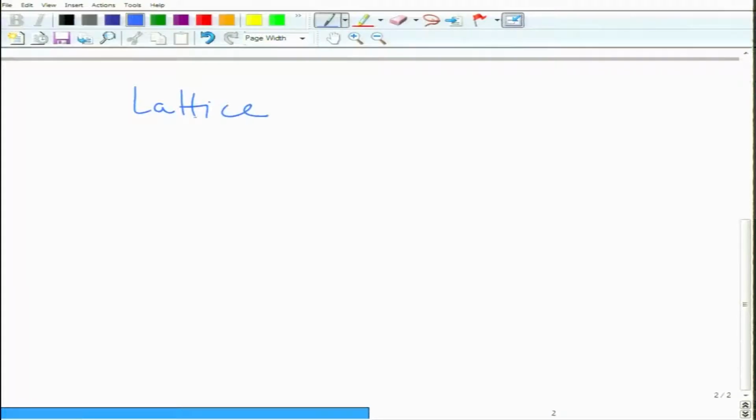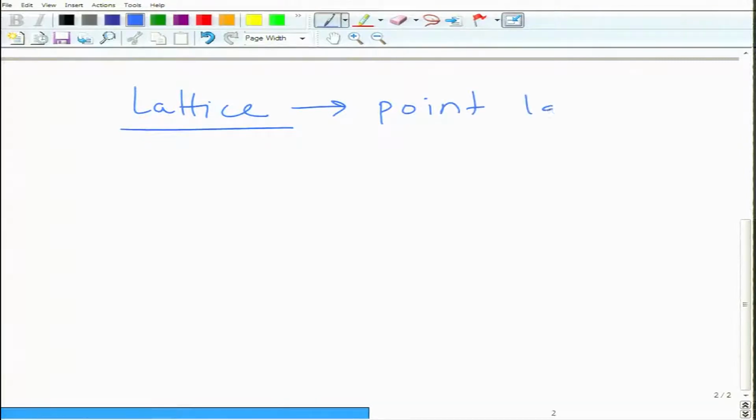In the previous lecture we learnt about what is a lattice. A lattice is nothing but a regular 3D arrangement of points in space, with the condition that each point must have an identical neighborhood. So this is a point lattice.